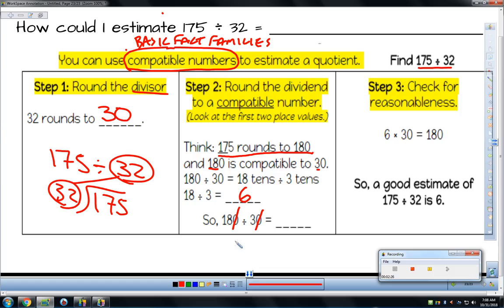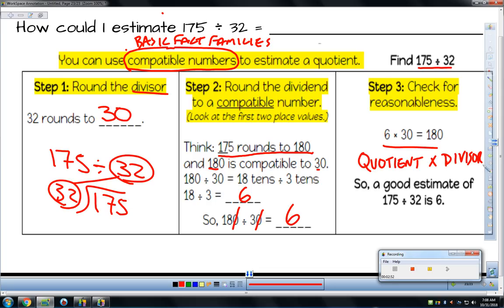So 180 divided by 30 is going to give us 6. Then obviously you would want to check at the end to make sure it was reasonable by doing your quotient times your divisor. That should give you your dividend.